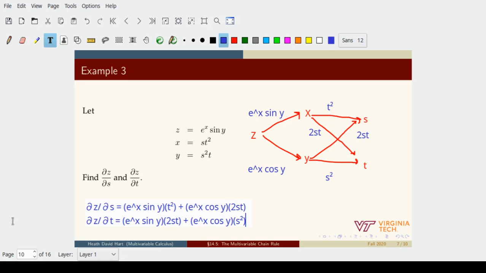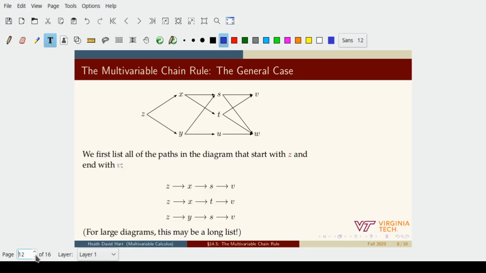All right. And these are the partial derivatives here. If you need an answer entirely in terms of s and t, you can make the substitutions here. But that's not necessary in most cases. So let's keep going.